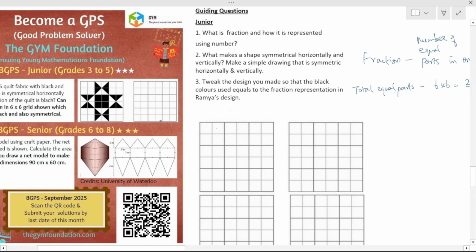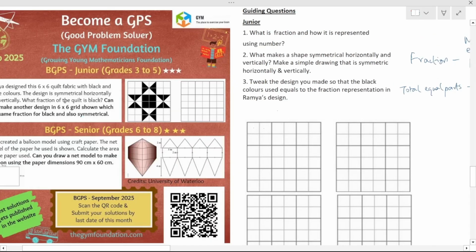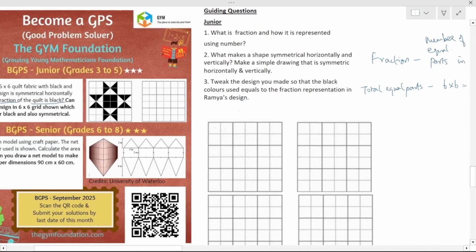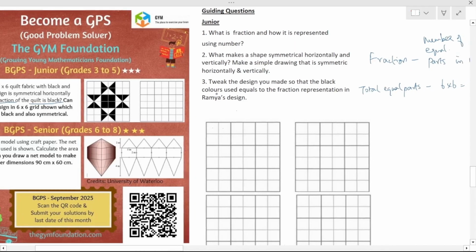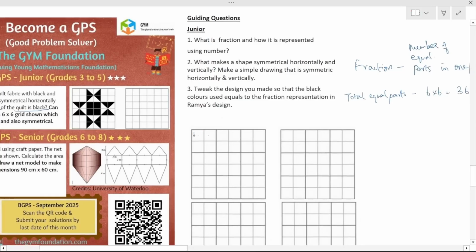And how many parts are shaded in black? Because they are asking what fraction of the quilt is black. One square is one equal part. So how do I consider this half black? You can say this is half and this is half, and both of them add up to make one whole.